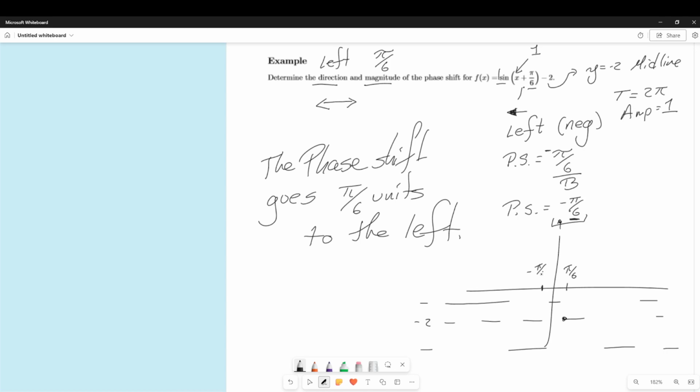Negative pi over 6. Almost forgot my own phase shift. And then it's going to have a period of 2 pi, so it's going to end at 11 pi over 6, because if we take negative pi over 6 and add 2 pi, we're going to get 11 pi over 6. And that was a positive 1, so we go upward to begin, so we're going to live in that nice range.